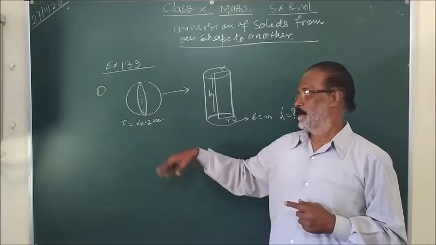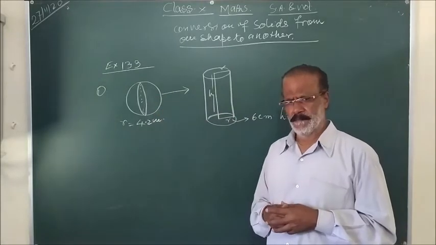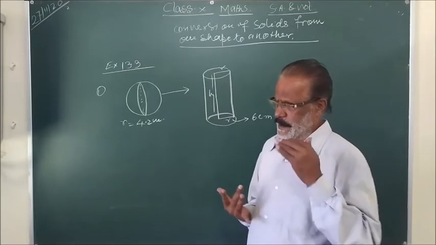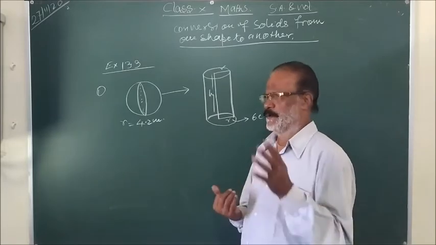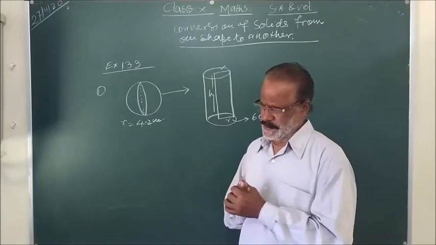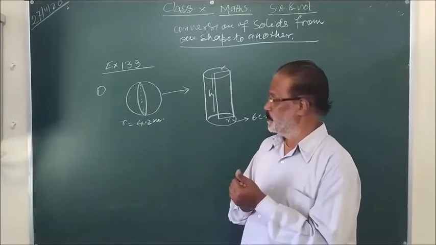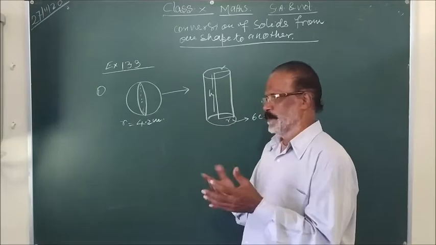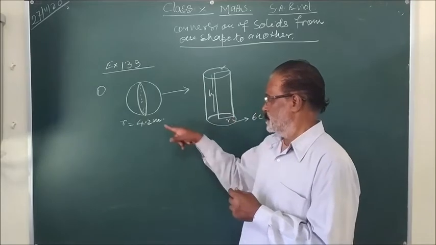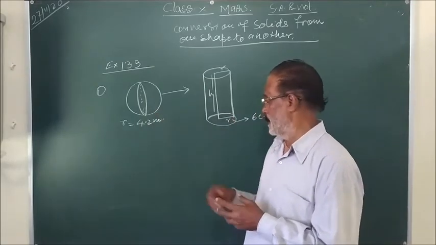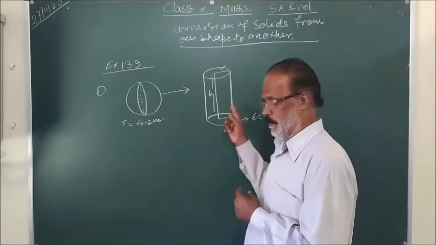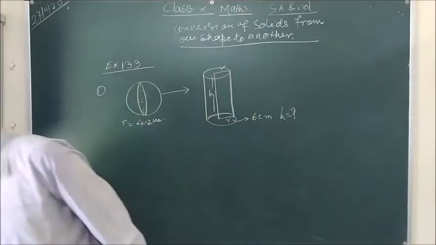When we change a solid into another solid, the volume will be the same, and the dimensions, radius or diameter, or height, will be changed. So the question is: a metallic sphere of radius 4.2 cm is melted and reshaped into a cylinder whose radius is 6 cm. What is the height of this cylinder?